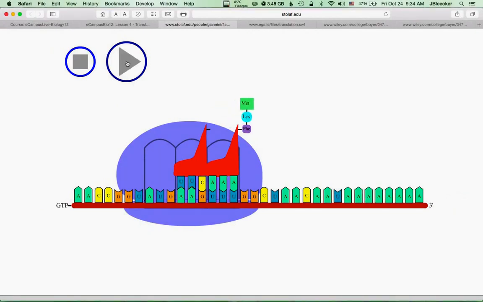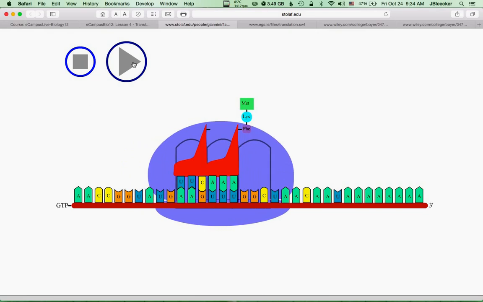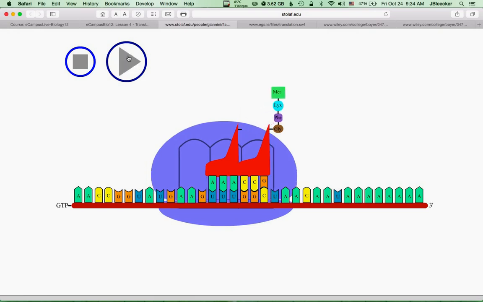You can think of it almost as an airport. And as we move along, you get a new active site each time. So we bring in the next amino acid. This anticodon, CCG, matches against the codon on mRNA, GGC. And it carries on.